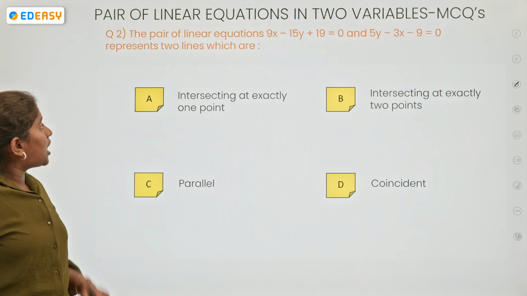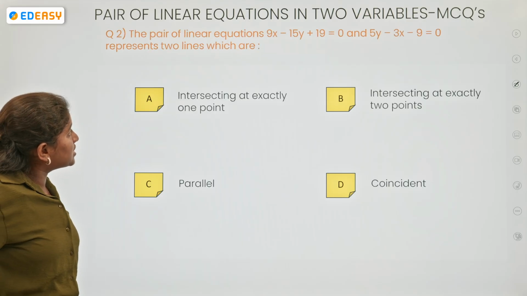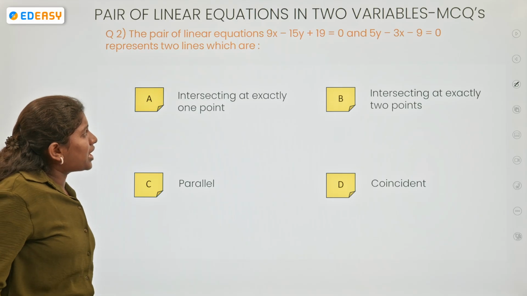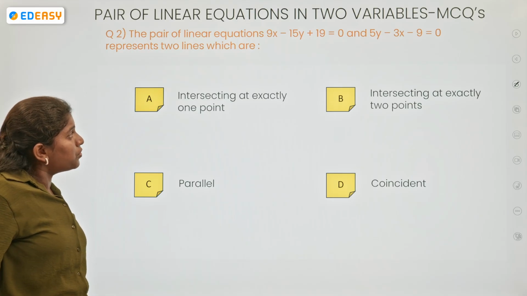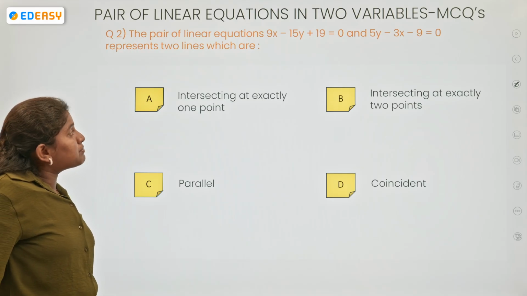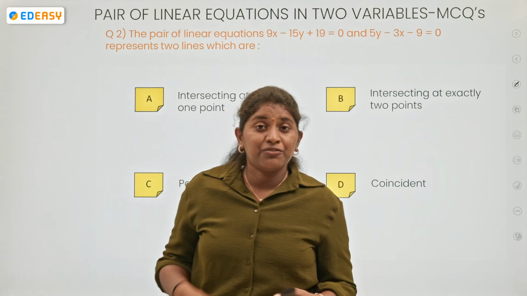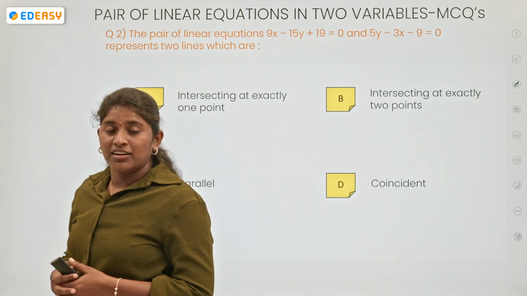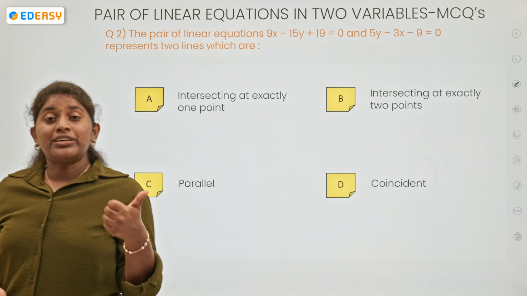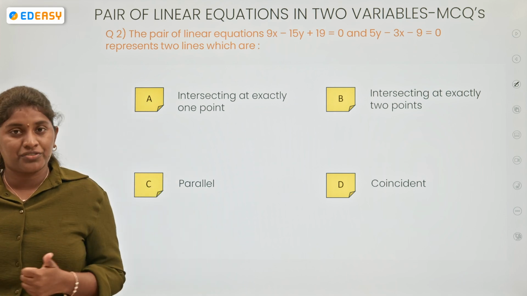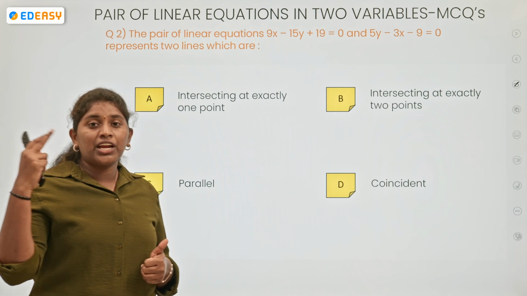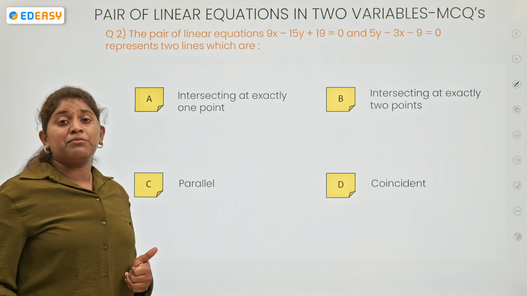Okay. Now, the pair of linear equations 9x minus 15y plus 19 equals 0 and 5y minus 3x minus 9 equals 0 represents two lines, and we need to find what type of lines those are. What we will do? Take the ratios of coefficients, that is a1 by a2, b1 by b2 and c1 by c2.